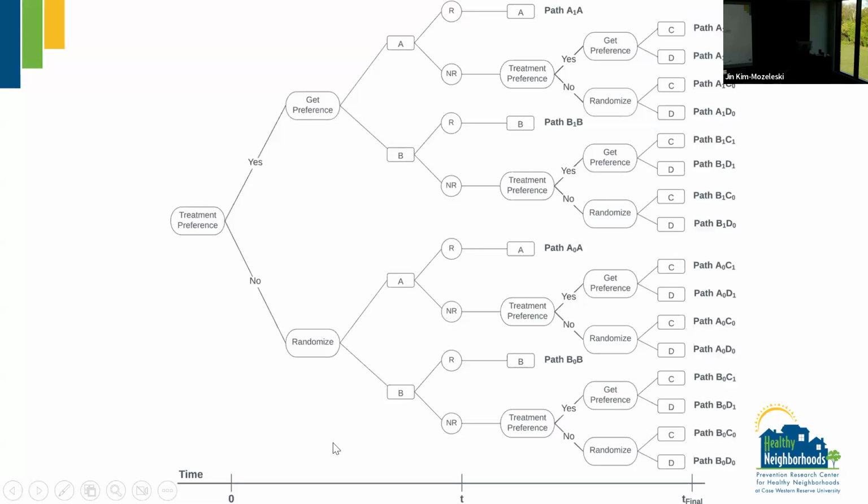If they said, just give me A, it works, that may not be the best one. So it'd be interesting to compare if you chose A and you responded versus the response rate if you just got randomized.